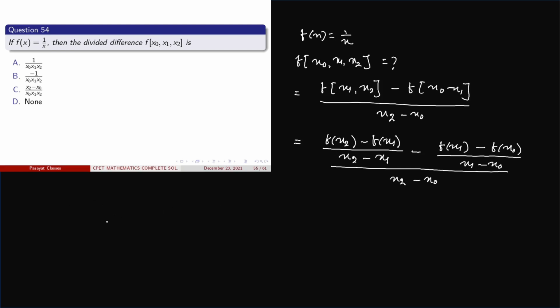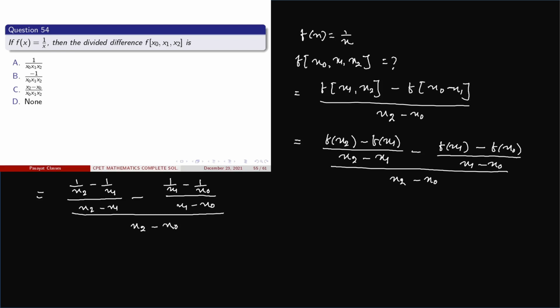So rewriting this, we get 1 by x2 minus 1 by x1, divided by x2 minus x1, minus 1 by x1 minus 1 by x0, whole divided by x1 minus x0, and this whole quantity divided by x2 minus x0. Clear?